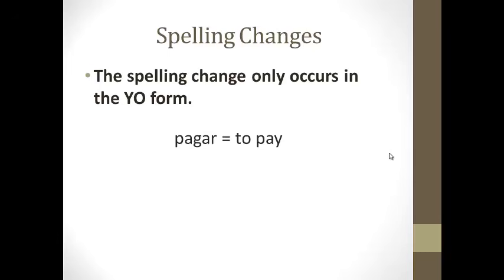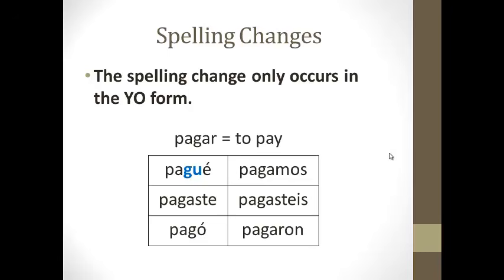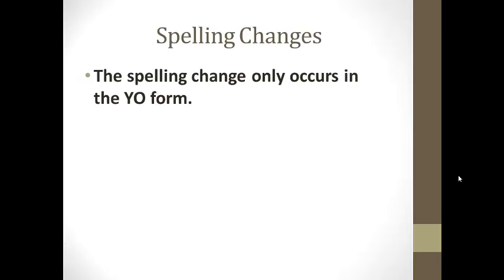Let's look at a GAR verb. Here we have pagar. Conjugated all the way out, you have pagué, pagaste, pagó, pagamos, y pagaron. Again, normal AR endings of é, aste, ó, amos, aron. Last but not least, let's look at a ZAR verb.